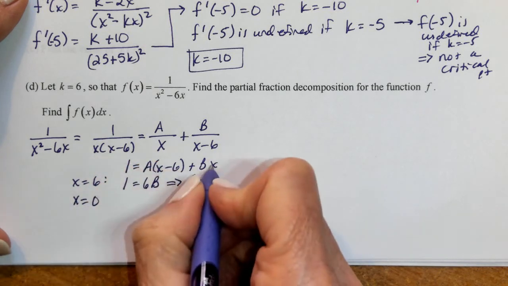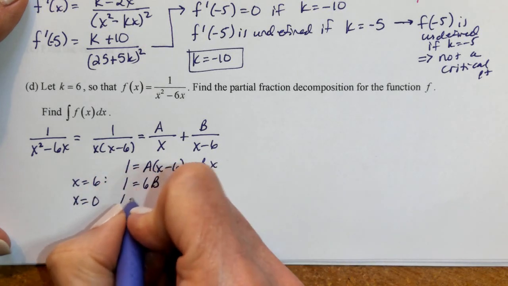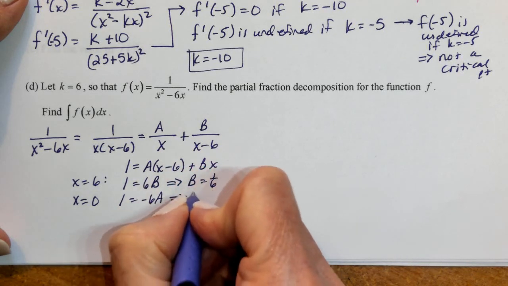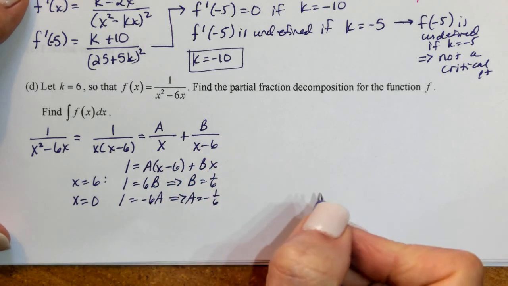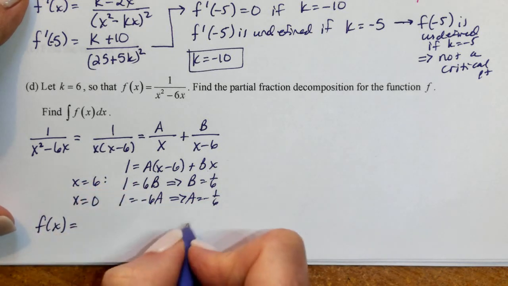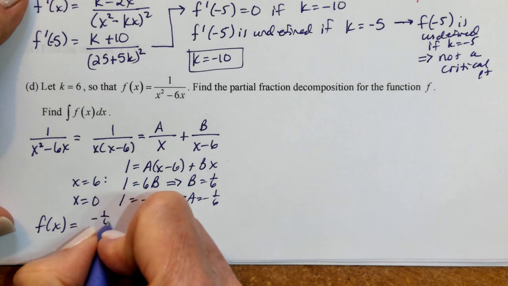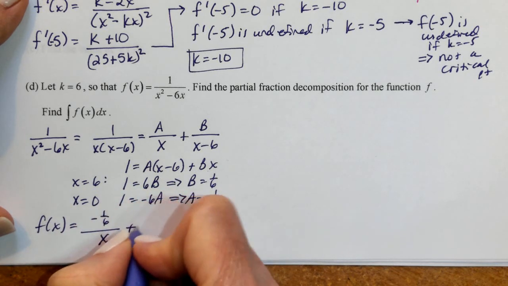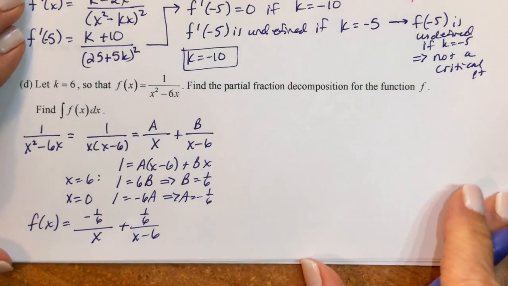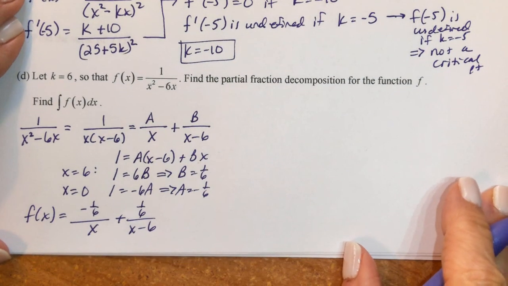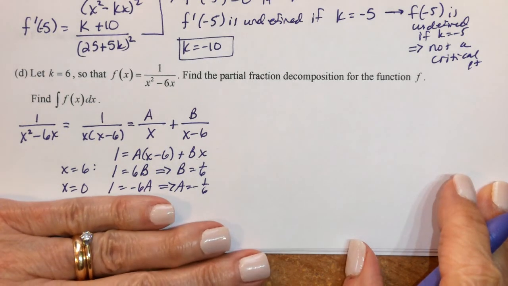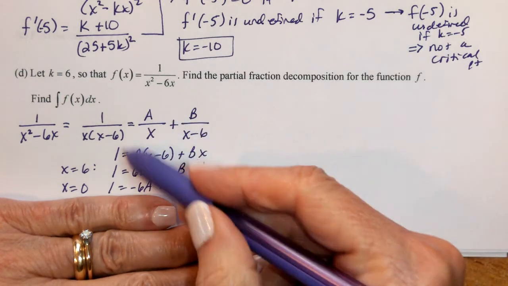Next I'm going to let x be 0 to let the B term zero out, and I'll get 1 is equal to negative 6A, so A is negative 1/6. So f of x is equal to negative 1/6 over x plus 1/6 over x minus 6, and that is the partial fraction decomposition. Okay? Quite honestly, we did not have to repeat this here because we have it all right there.